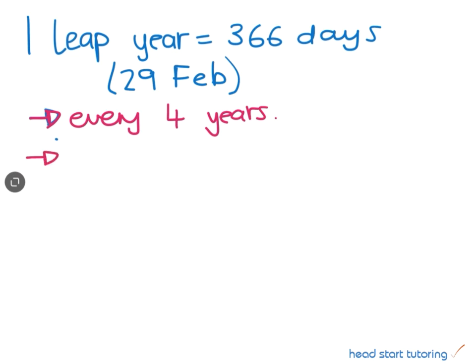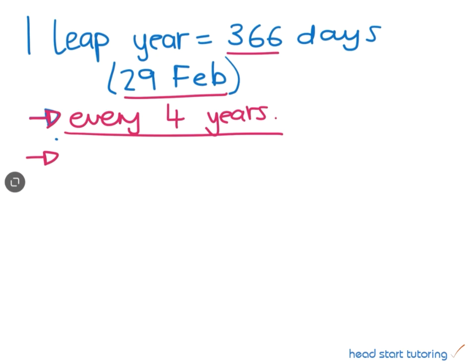Right. A leap year, as we've mentioned, has 366 days because of the extra day in February, the 29th of February. Right, so because our leap years occur every 4 years, the year is evenly divisible by 4.